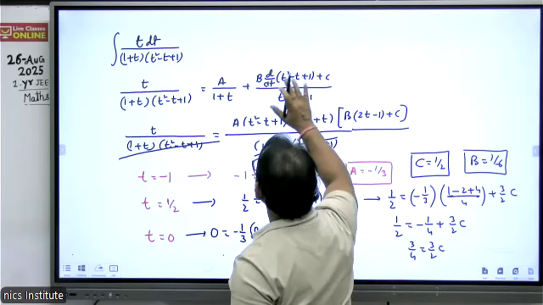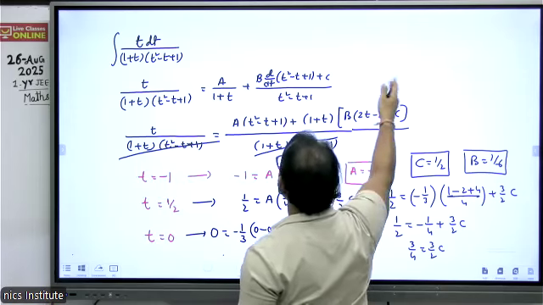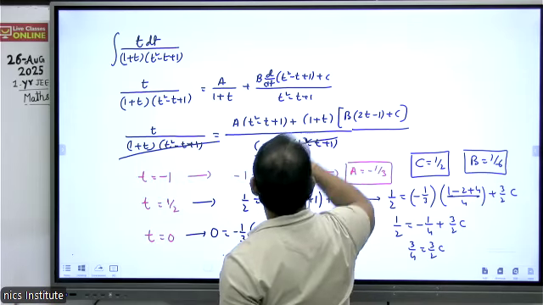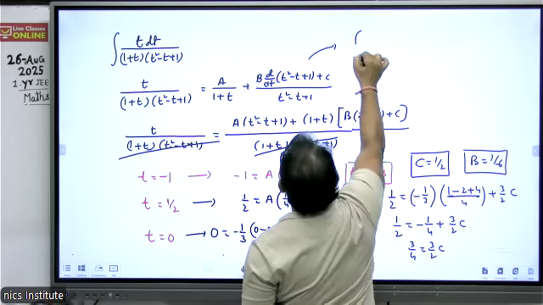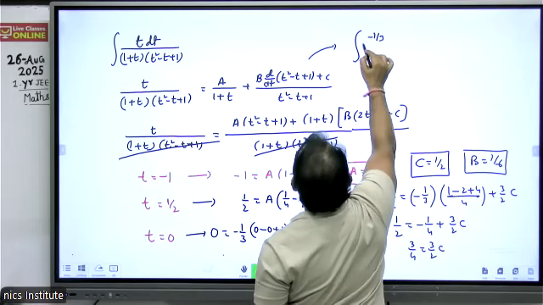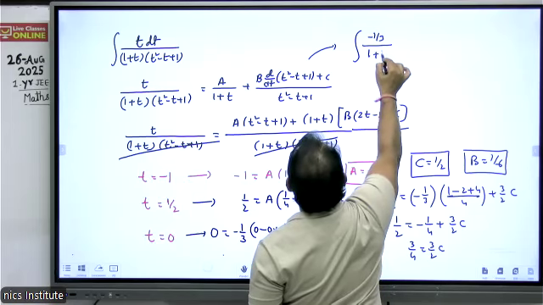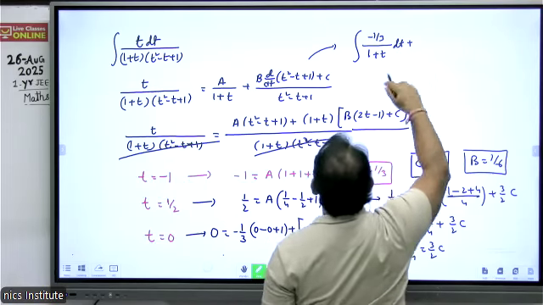Now over here you can replace A, B, C. So the first part is integral of A, which is minus 1 by 3, divided by 1 plus t dt. Second part is B into differential.